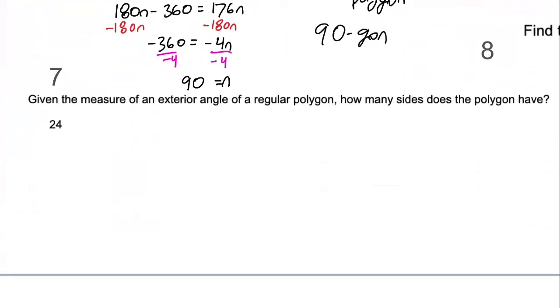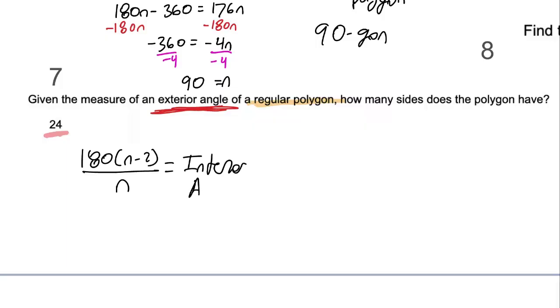Number 7, given the measure of the exterior angle, so keyword exterior, of a regular polygon, so the other keyword, regular polygon. How many sides does a polygon have if the exterior angle is 24? Not really necessarily. So here's the thing. To use the formula 180 times n minus 2 divided by n, I need the interior angle.